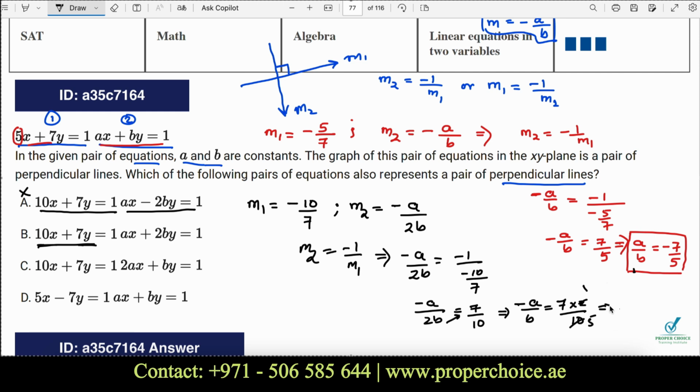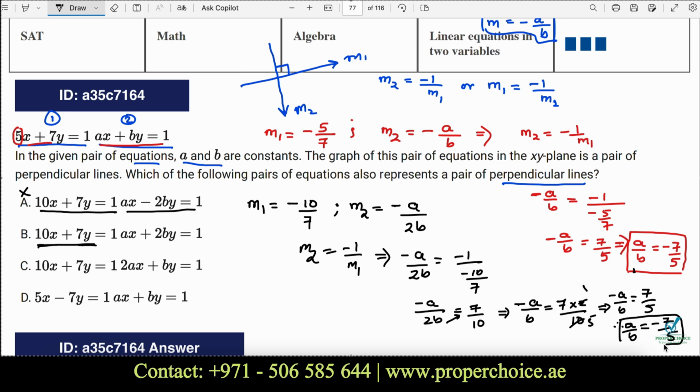So minus a by b equals 7 divided by 5, which is the same as a by b equals minus 7 by 5. I can multiply the whole expression by negative, so the negative sign switches. So a by b value is minus 7 by 5.